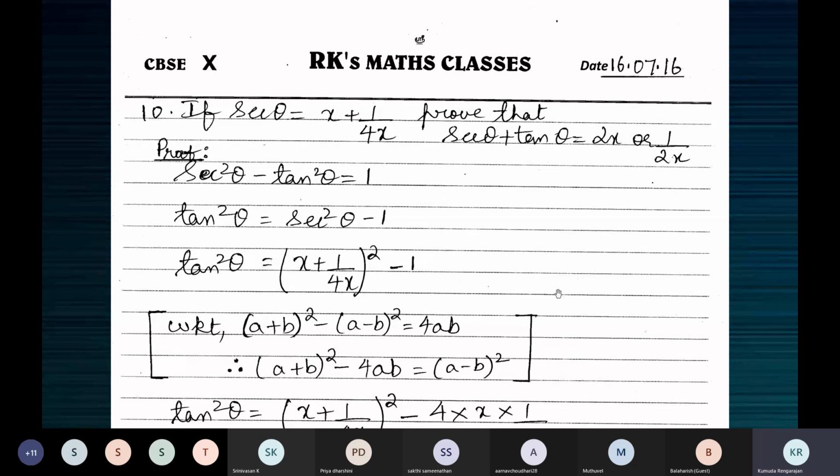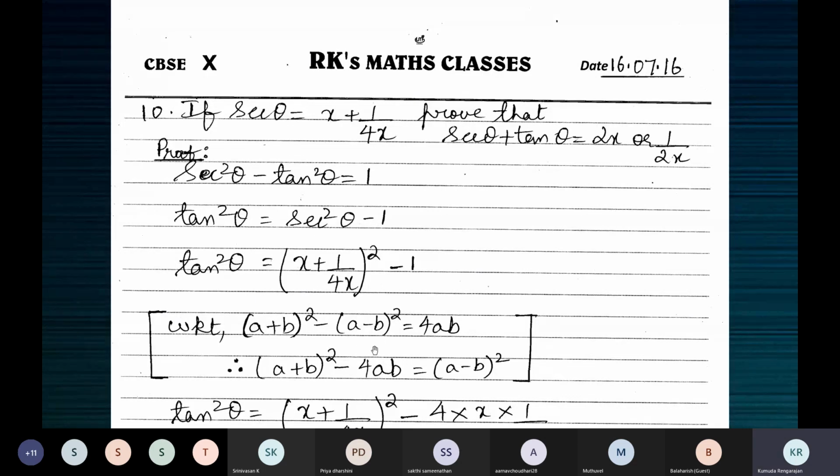And once you get tan theta, you just have to find secant theta. You have the expression for secant theta. You can find tan theta using this identity. Once you find tan theta, you just have to add the values. And it's obvious since we will have to get two answers, tan theta must have two values.